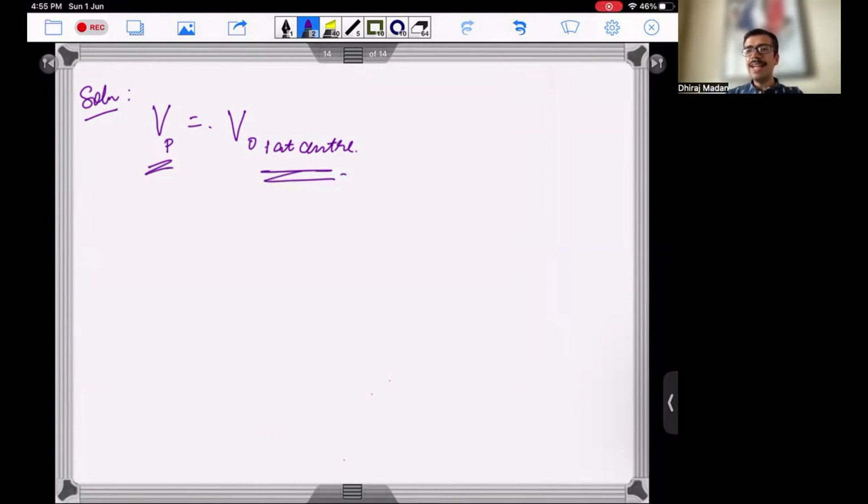The reason is that on this conducting medium, we had seen that all points are at the same potential. So whether you take a point P or any point on this sphere, they are all going to have the same potential.